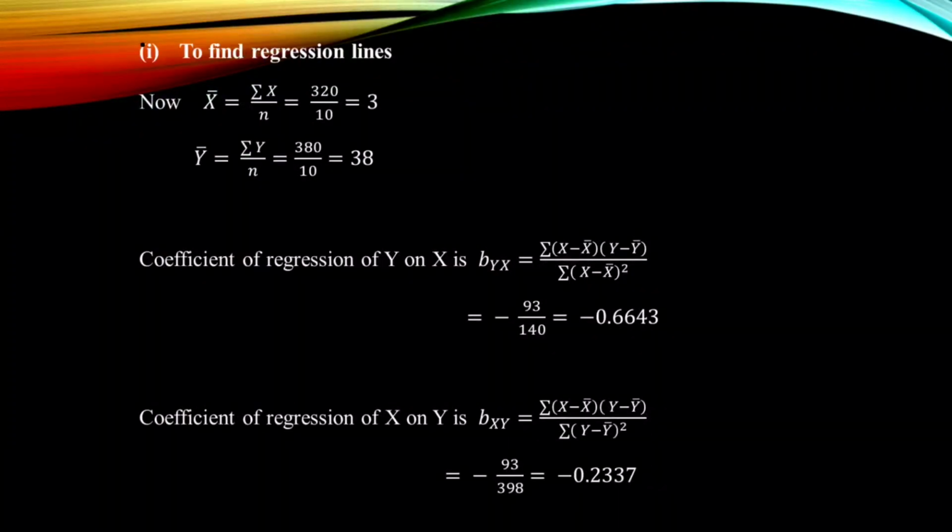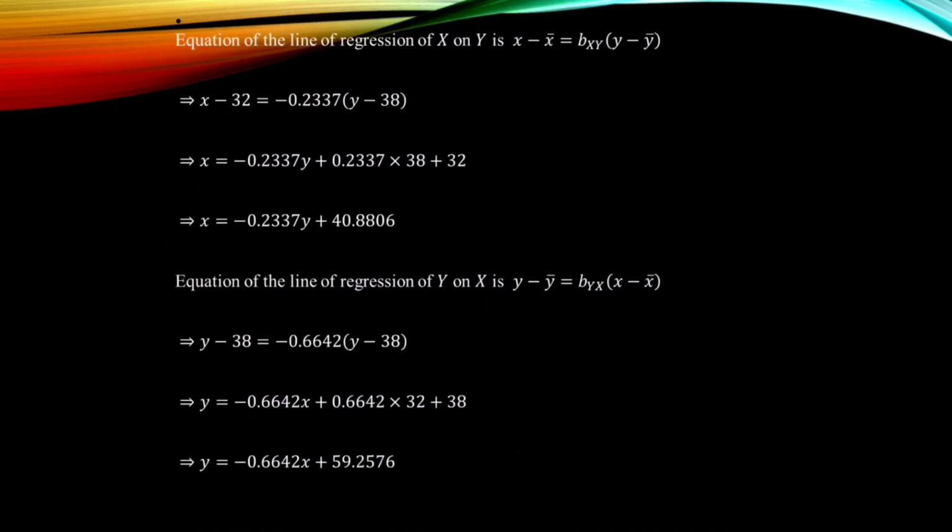So we have Byx value is minus 0.6643. Similarly, the coefficient of regression equation of x on y is Bxy equal to sigma x minus x bar into y minus y bar by denominator sigma y minus y bar the whole square. By substituting the known values, we have Bxy is minus 0.2337.